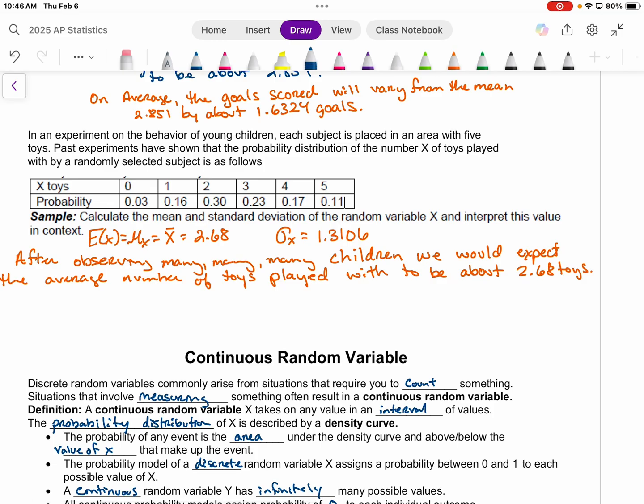All right. Now we go over here talking about the standard deviation, which we said was 1.3106.